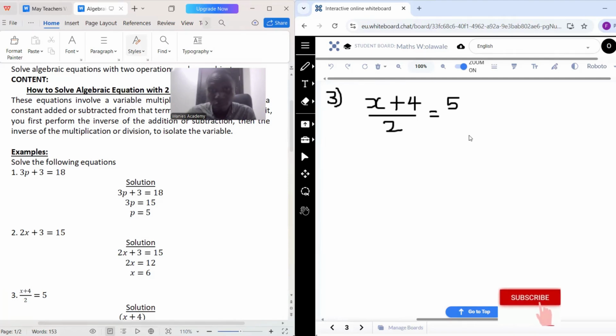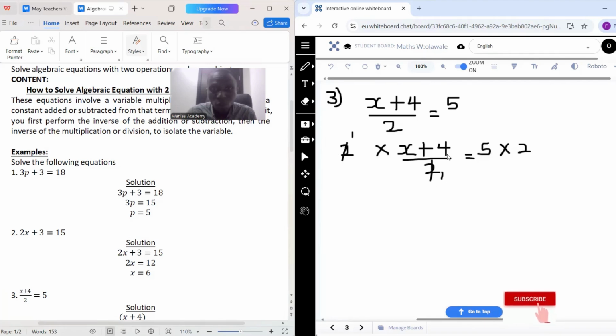So multiplying both sides by 2, we're going to have 2 multiplied by (x + 4) over 2. Also, we have 5 multiplied by 2. Since we are multiplying both sides by 2, because 2 divided by 2 here gives 1, we're going to have the left hand side of the equation to be x + 4 equals 5 multiplied by 2. We're going to have this to be 10.